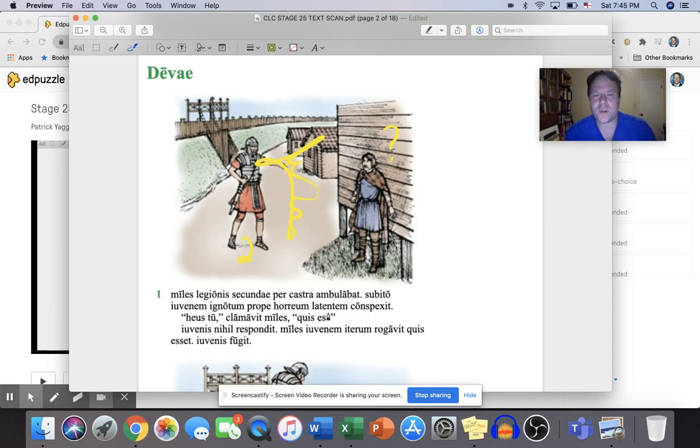Now, language-wise, there's a lot to unpack there. There's the fact that this is a horam, that he's prope horam, and I have a little trouble indicating that on here. And then he's latentem, which first of all, is a verb that I find my students forget a lot.